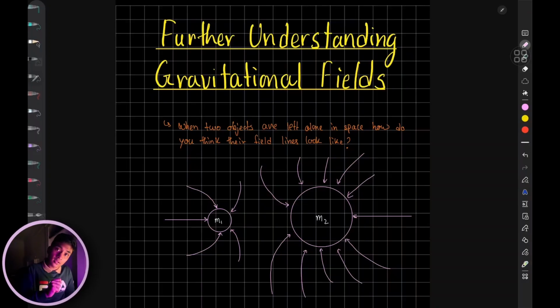If you're reviewing your concepts, then you already know many things from other chapters. And if you have just studied gravitational fields, then this will help you understand things from a bigger perspective. So let's get started.